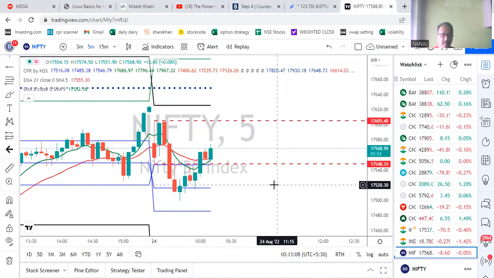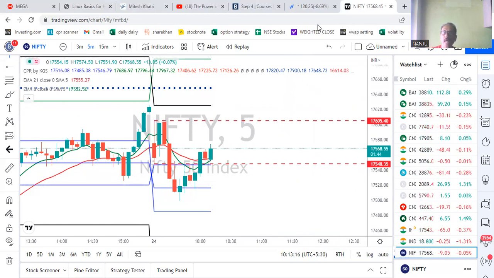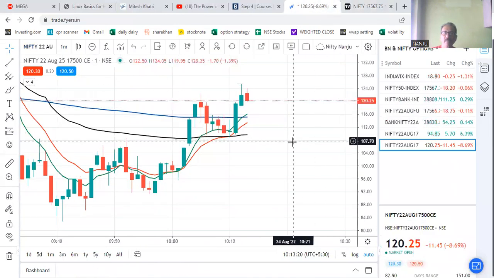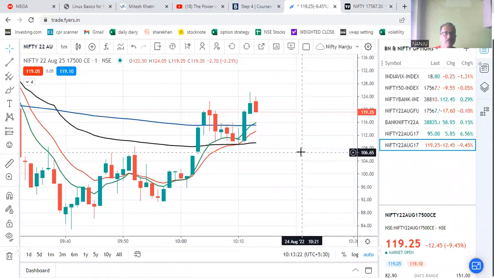So this is my third criteria. My first criteria is that the range of the candle should be below 20. My second criteria is that on the option chart, it has to be above VWAP.